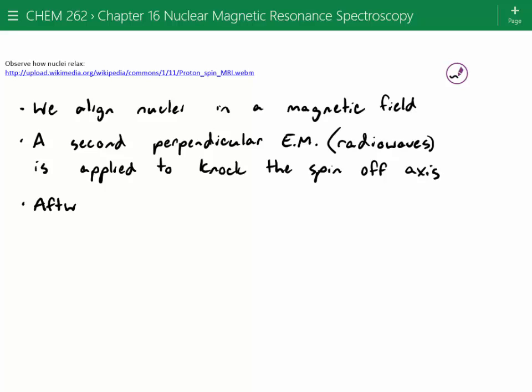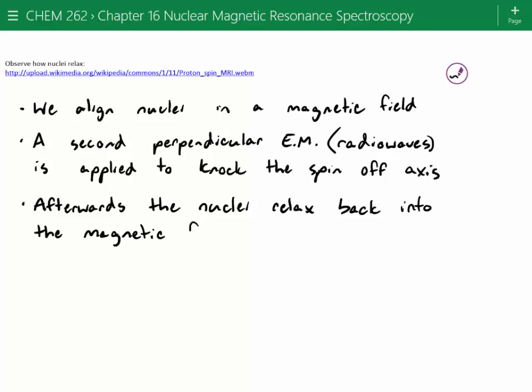And then afterwards, the nuclei relax back into the magnetic field. And we can actually detect how it's relaxing back into that magnetic field. So when it relaxes, it actually emits energy back out that we can detect pretty easily.